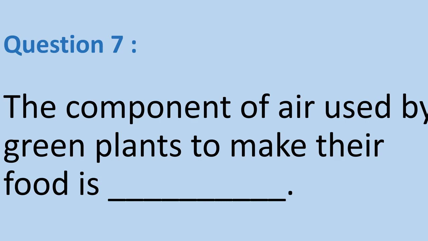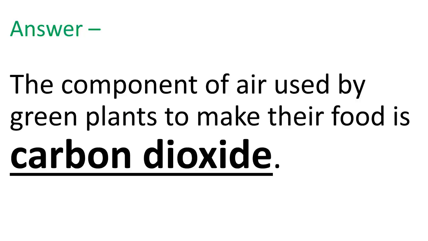Question number 7. The component of air used by green plants to make their food is dash. Answer. The component of air used by green plants to make their food is carbon dioxide.